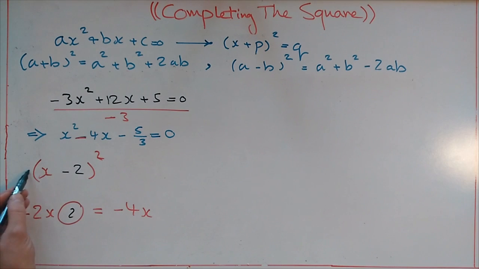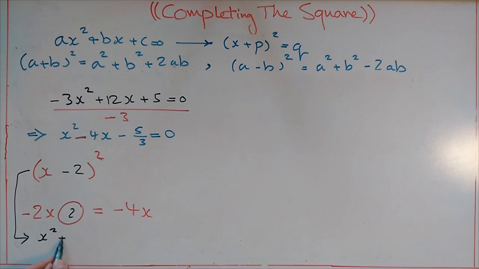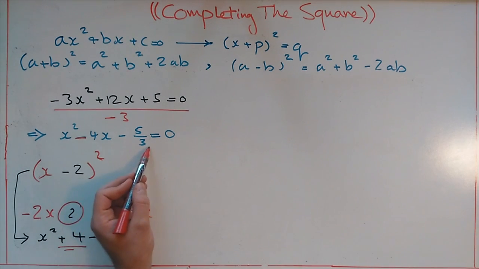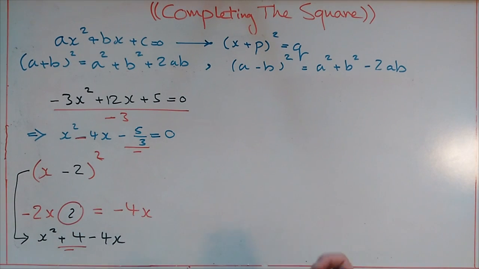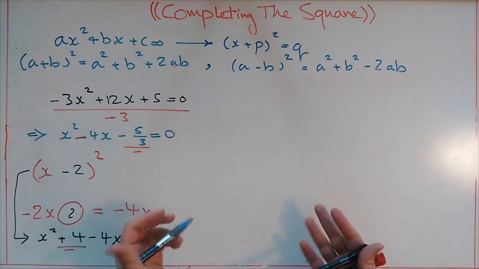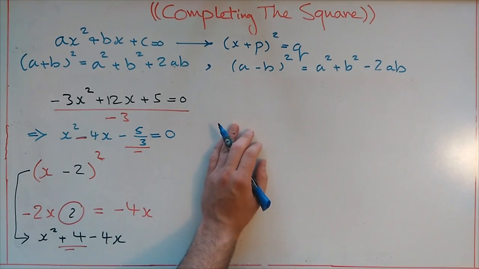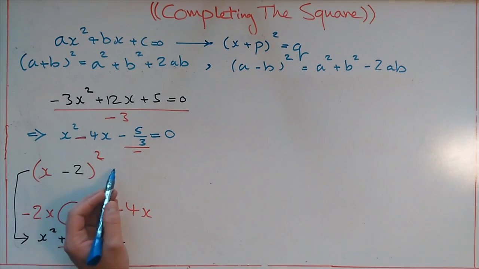So if I find the solution for this, it will be x squared plus 4 minus 4x. The problem in here is that here we have positive 4, but here we have minus 5 over 3. So I need to find the difference and then plug it in here.